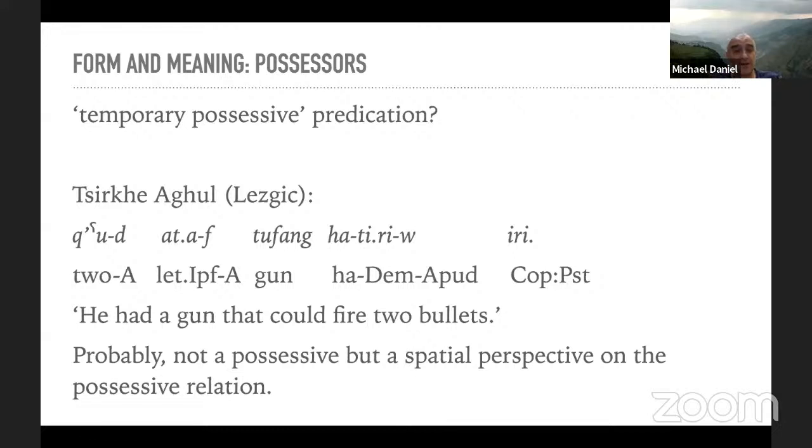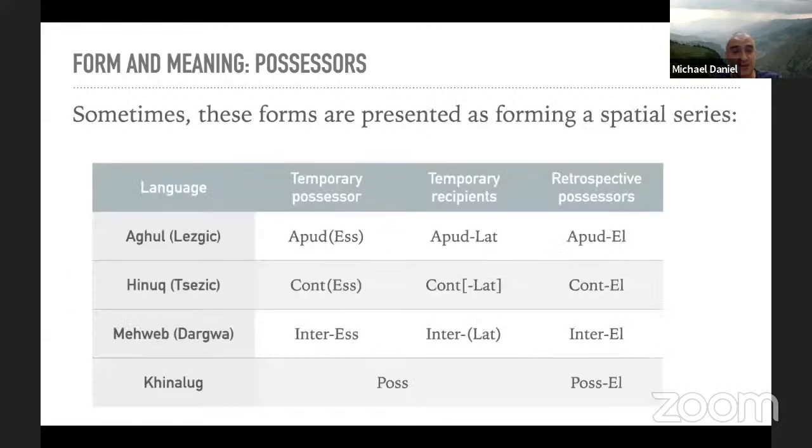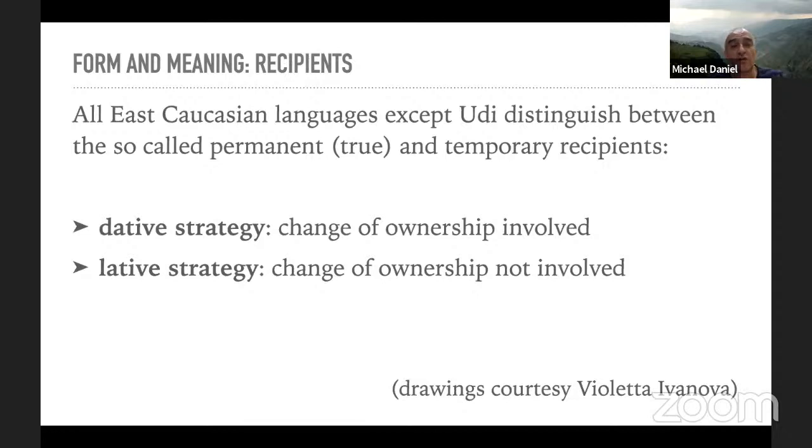Let's pick up another example. I said previously that there are temporary recipients in East Caucasian. What the hell are they? What are temporary recipients? Let's have a look. All East Caucasian languages, according to my data, except Udi, distinguish between the so-called permanent and temporary recipients.